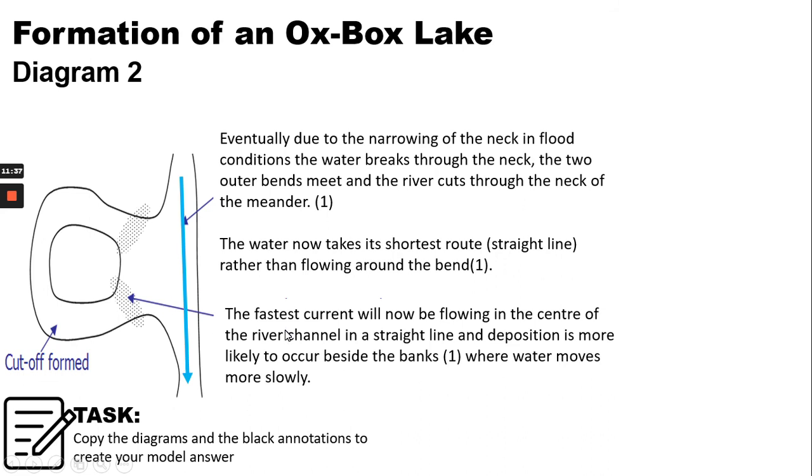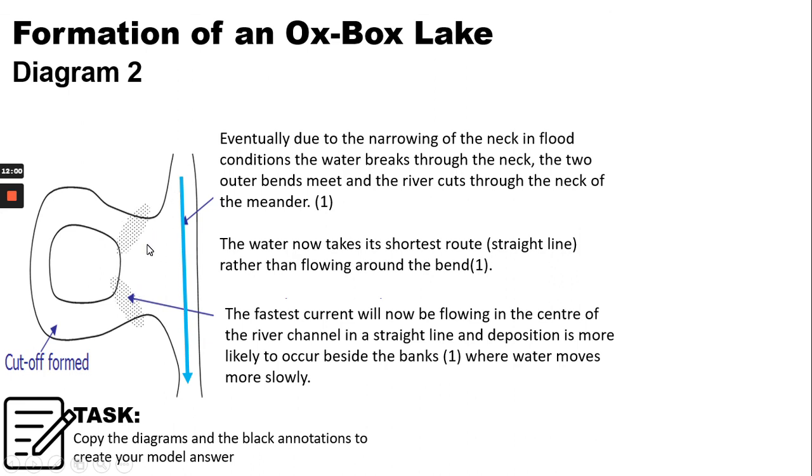The fastest current is now flowing down the middle of the channel. We get slightly slower water at the sides because we've got more friction with the riverbank. But as a result of that, fastest flowing in the middle, in the straight line, we get more deposition on the outside of the bank, particularly in this really quiet area of water where the river's not flowing.